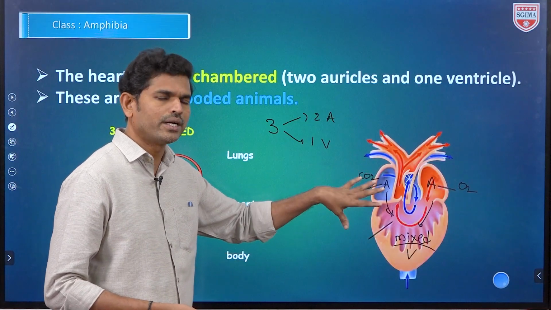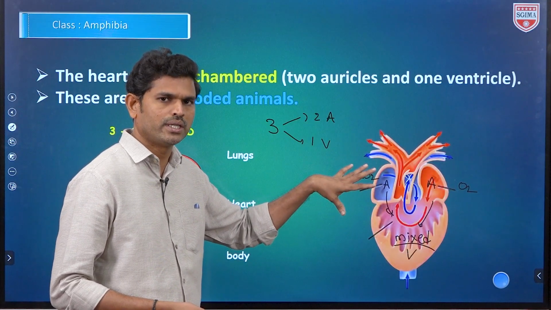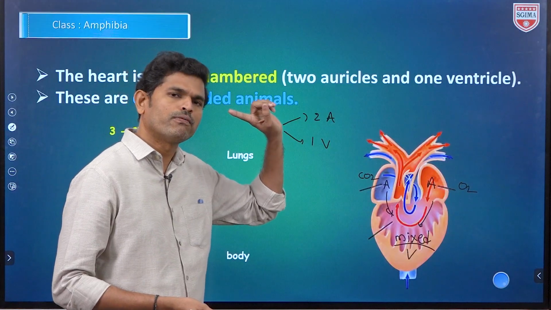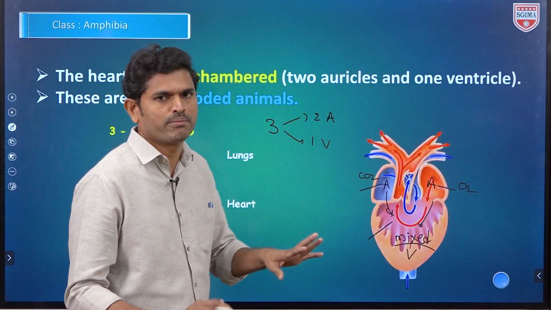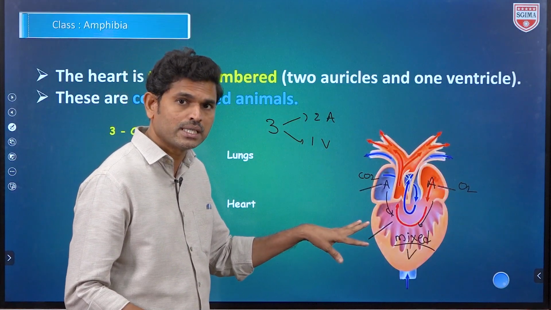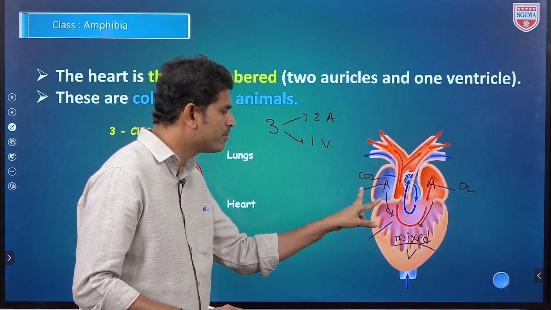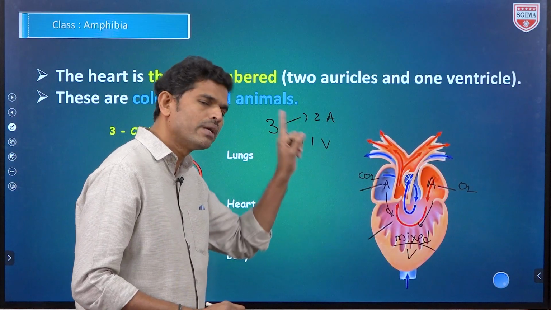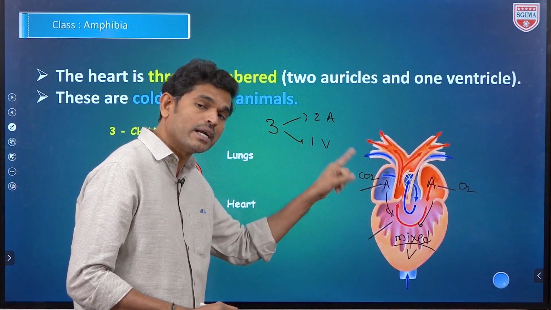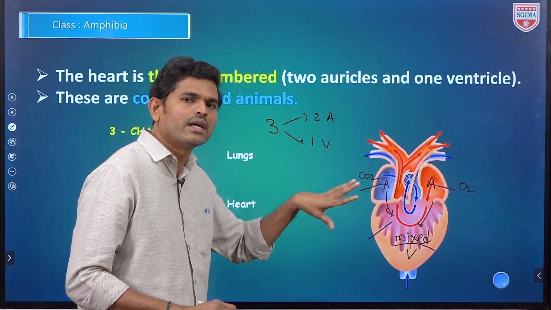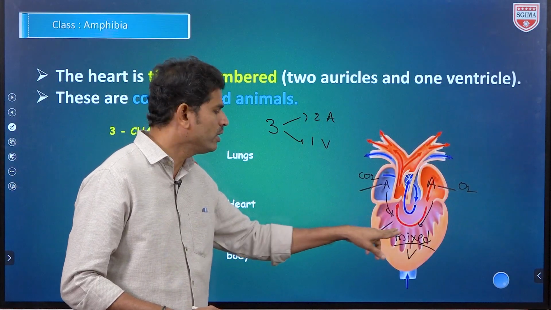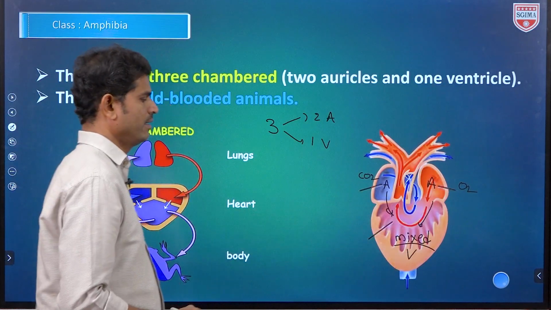But here the circulatory system is updated, no doubt. Previously in fishes there were 2 chambers only. Here the auricles and ventricle are separated: the auricles have 2 chambers, the ventricle has one chamber. Previously single circulation, here it is double circulation, but still underdeveloped because the ventricles are not separated. So mixed blood.